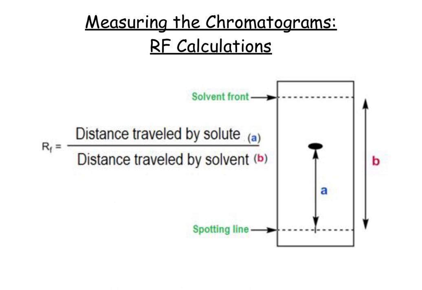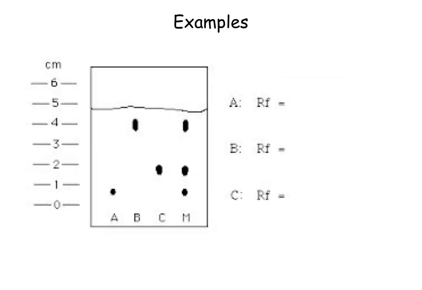So if we look at the distance that the solute travels versus the distance that the solvent travels, all we do is divide those 2 values. We measure from the initial spotting line, so this is the line that you draw in pencil. Your ink spot gets put there on the bottom, and then you just let the water run its course. So let's say we're looking at this example here.